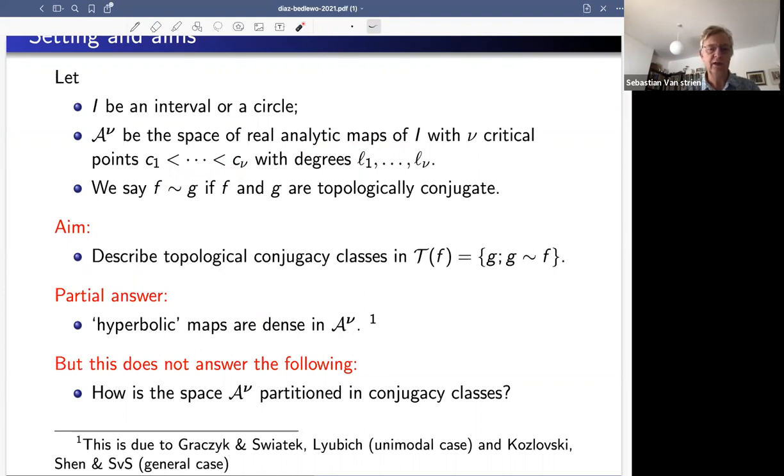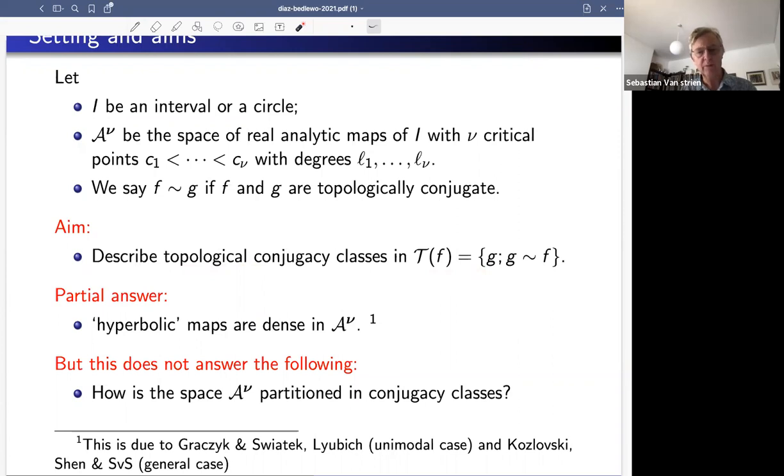And as usual, F and G are topologically conjugate if there's a homeomorphism that conjugates the two. Now the aim of this project is really to describe this topological conjugacy class. And I'll make that more clear in the next slide, what sort of question I'm really looking to answer.